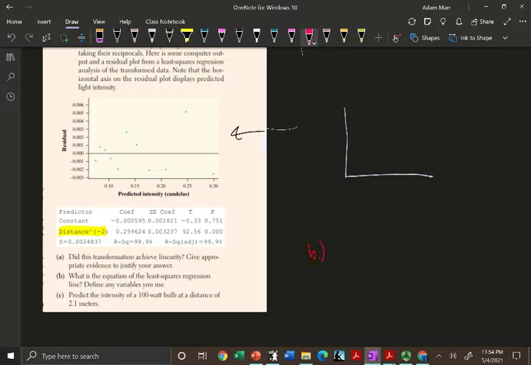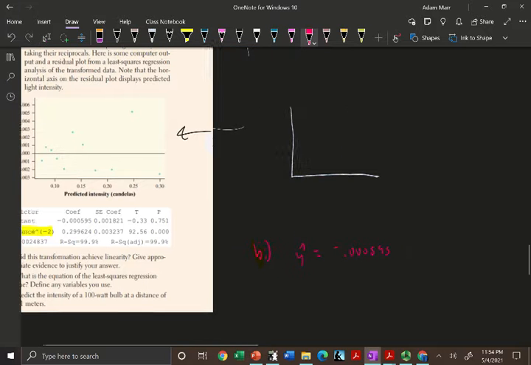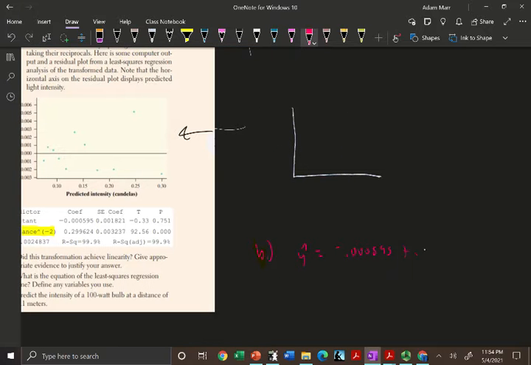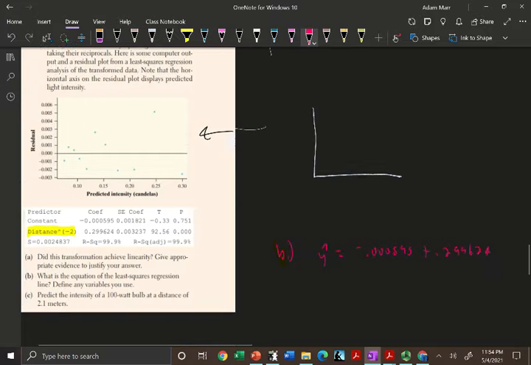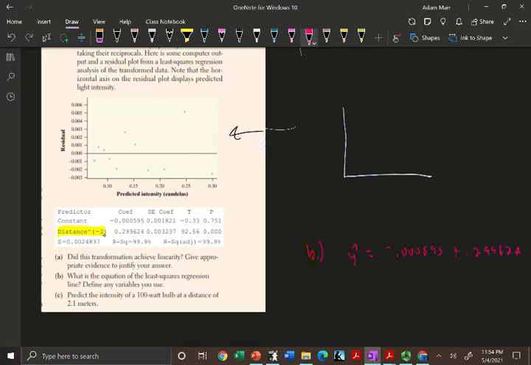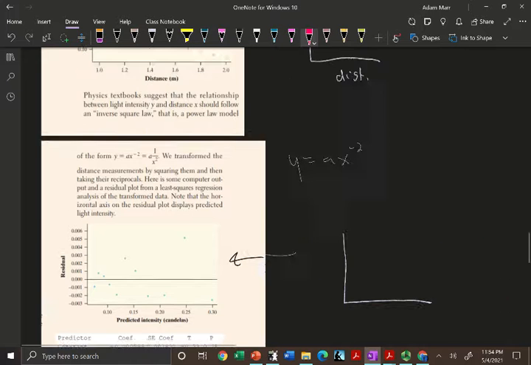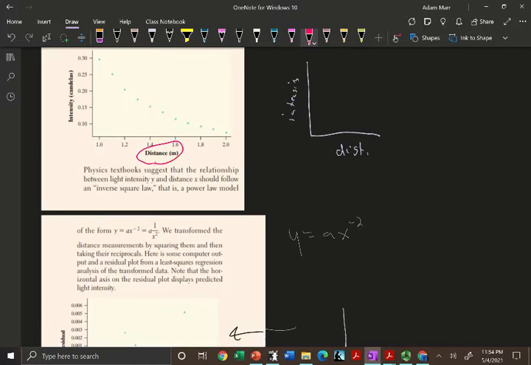Okay, so we have right here y hat is going to equal the constant, which is negative 0.000595 plus 0.299624. Now it's distance to the negative second. Distance, remember, is the x.